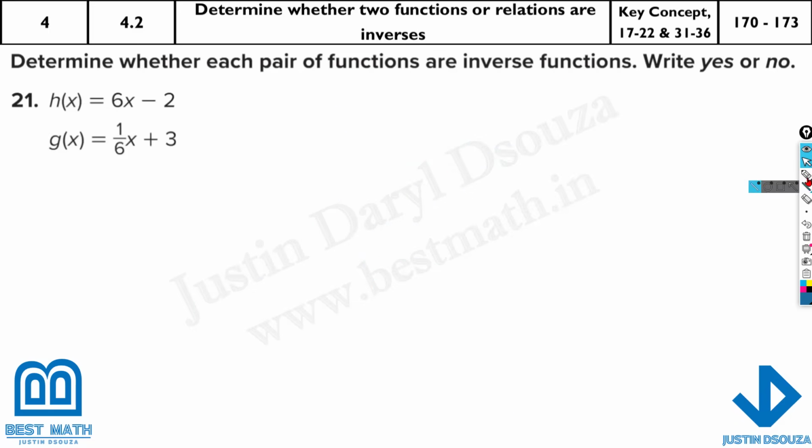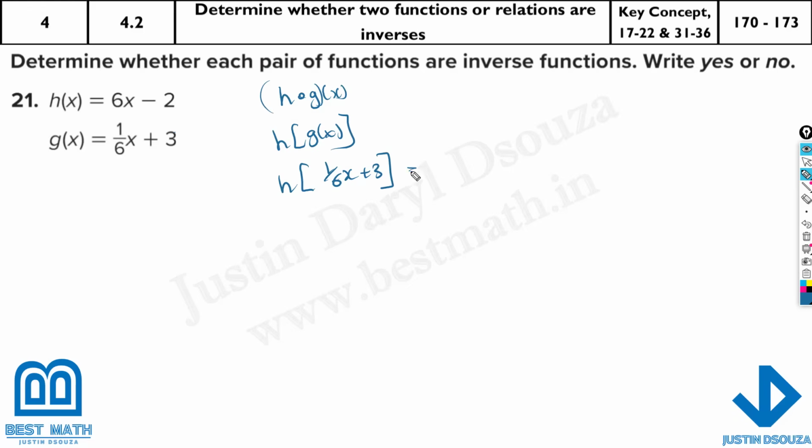What about this one? Let's try it rather than guessing. It's h of x and g of x. Let's do first h composition g. That will be h of g of x. That is h of 1/6 x plus 3. What's going to happen here?